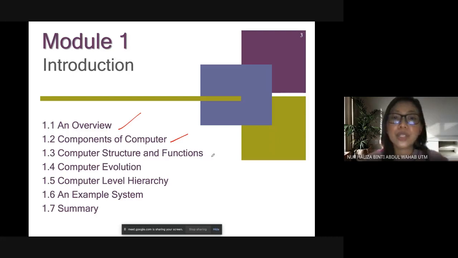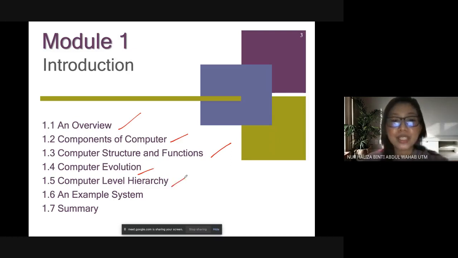Then computer structure and function. What is the function for all inside and also outside of the computer? The evolution, about the history. This one I really hate because I don't like history subject. Same goes to the evolution part. But yeah, I also need to know the history.